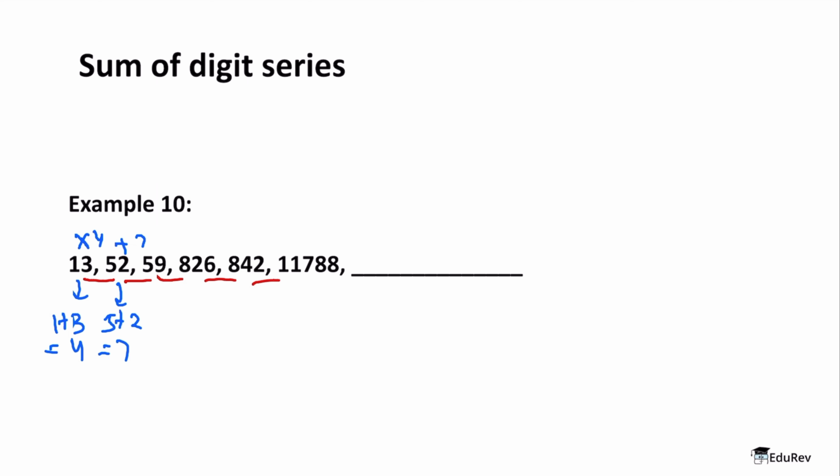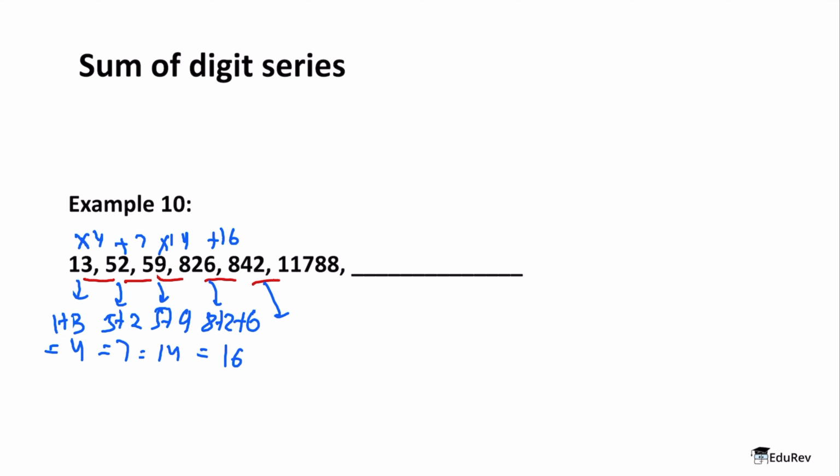Following this pattern, 5 plus 9 would be 14. So 59 into 14 is 826. Following this, 8 plus 2 plus 6 would give us 16. So now we add 16 to it and we get 842.